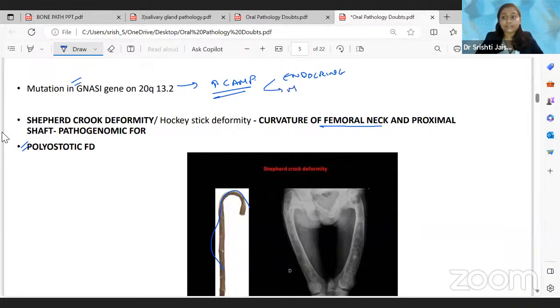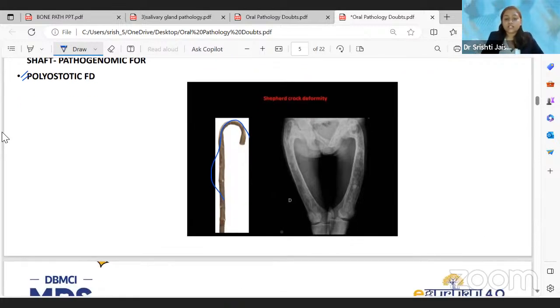That is why in fibrous dysplasia we see cafe au lait spots from the melanocytes, and in bone we see polyostotic and monostotic fibrous dysplasia. So this is the Shepherd's crook deformity, also called hockey stick deformity.